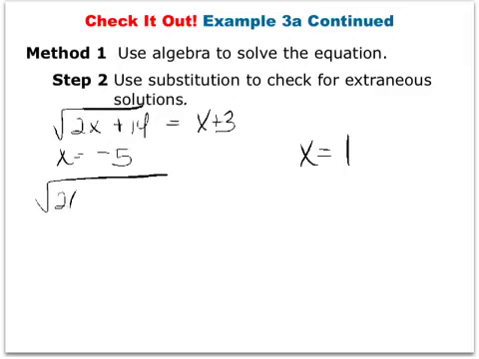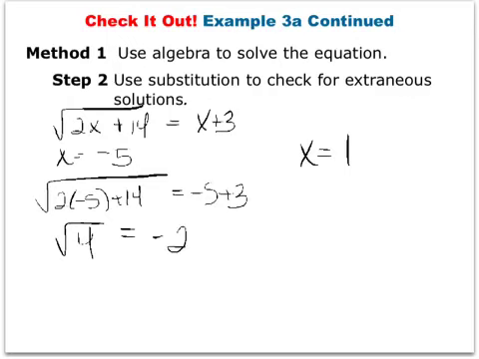So here we have 2 times negative 5 plus 14 equals negative 5 plus 3. On the left, using my handy calculator, square root of 4, yikes, equals 2. Negative 5 plus 3 is negative 2. 2 equals negative 2, not possible.